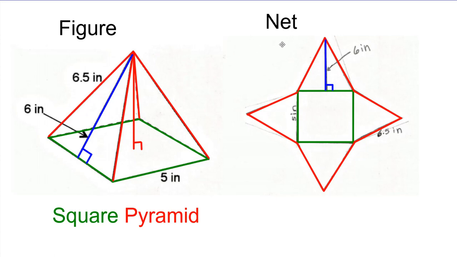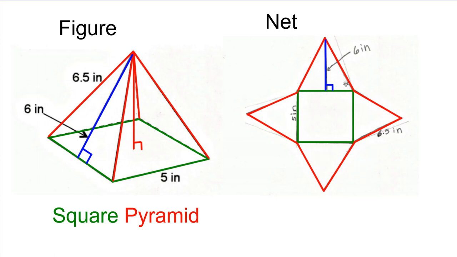Now the net is a two-dimensional representation of a three-dimensional object. So think of a globe and a map, right? A map is representing a three-dimensional object like the Earth, which is totally round, trigger warning, with a two-dimensional flat surface like a piece of paper. So if we took this three-dimensional square pyramid and unfolded it, it would be this net.